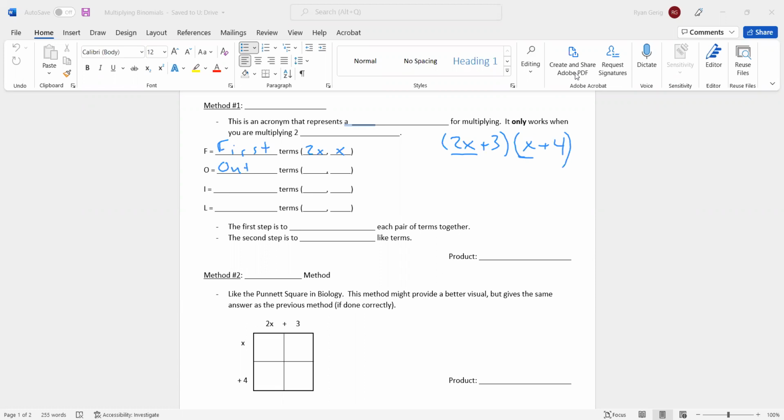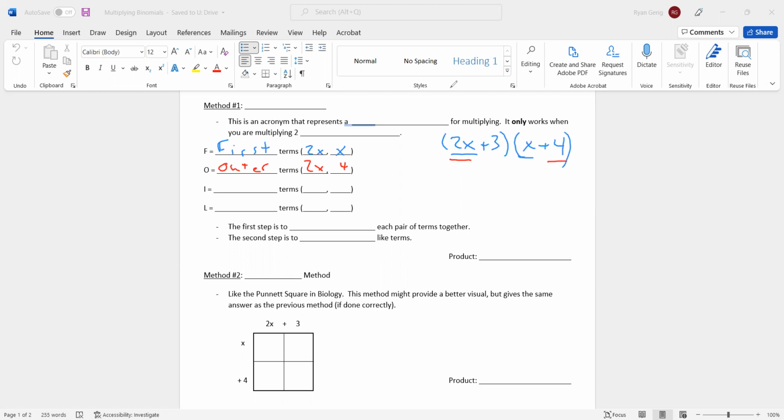I'm going to go a different color here. O is your outer terms. These can be a little confusing, which ones are the outer terms. But if you're looking at the binomials, the ones on the farthest outside, so that would be 2x and 4. They're on the outside of the binomial, far left and far right. So the outer terms are 2x and 4.